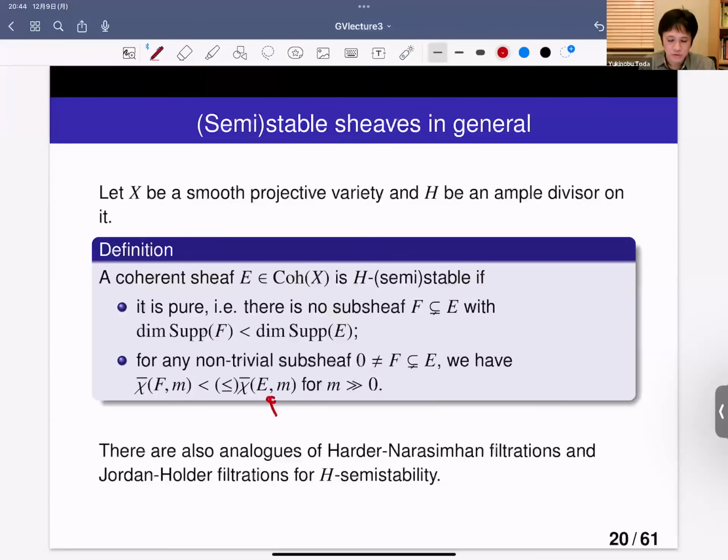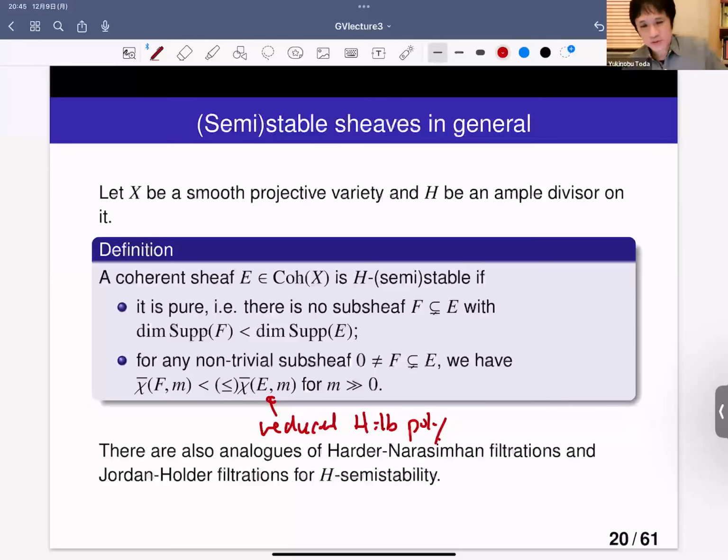It is because this is the reduced Hilbert polynomial. Similarly to the curve case, we have the notion of Harder-Narasimhan filtration and also Jordan-Hölder filtration for H-semistability. So these semistable sheaves and stable sheaves form the building blocks of the category of coherent sheaves.